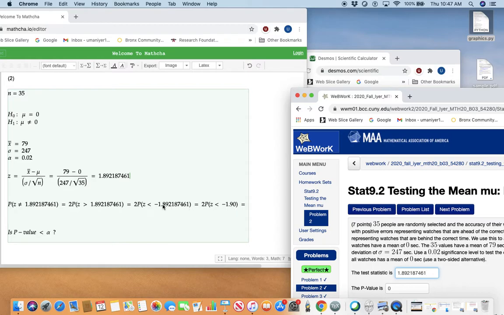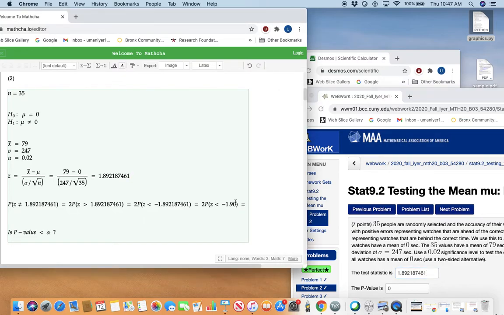Where did that come from? You round to 2 digits, right? So following 9 is a 2, so I shouldn't be doing that. It's 1.89. After 9 is a 2, so no change in 9. So twice probability z less than negative 1.89.